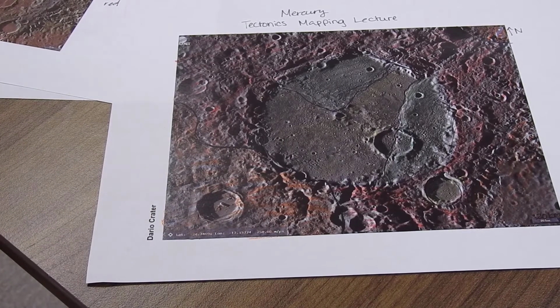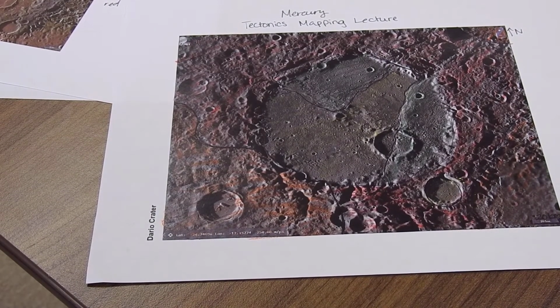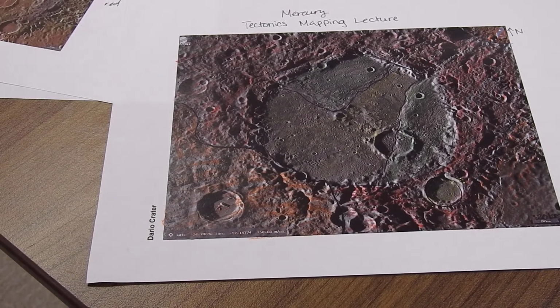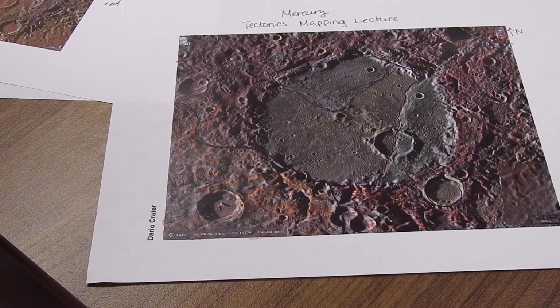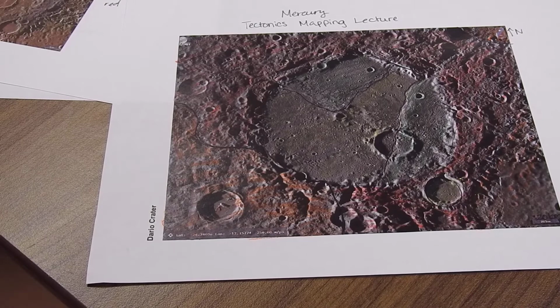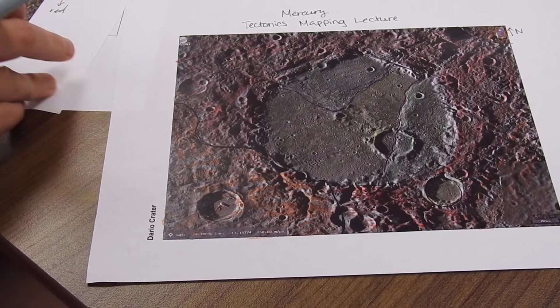Okay, now it's time to actually map structure. Sometimes you'll find that the structures divide units, which is kind of the case here, but sometimes they don't. So let's go ahead and mark where we think that this fault meets the surface.